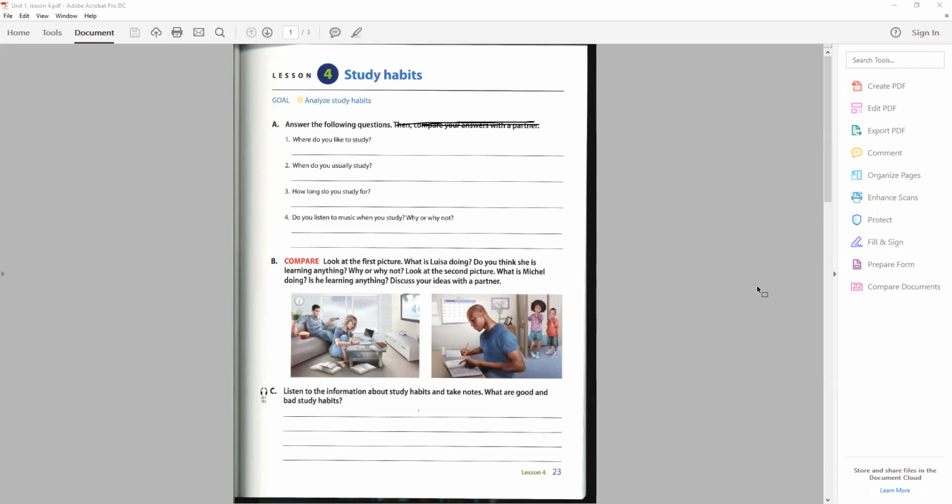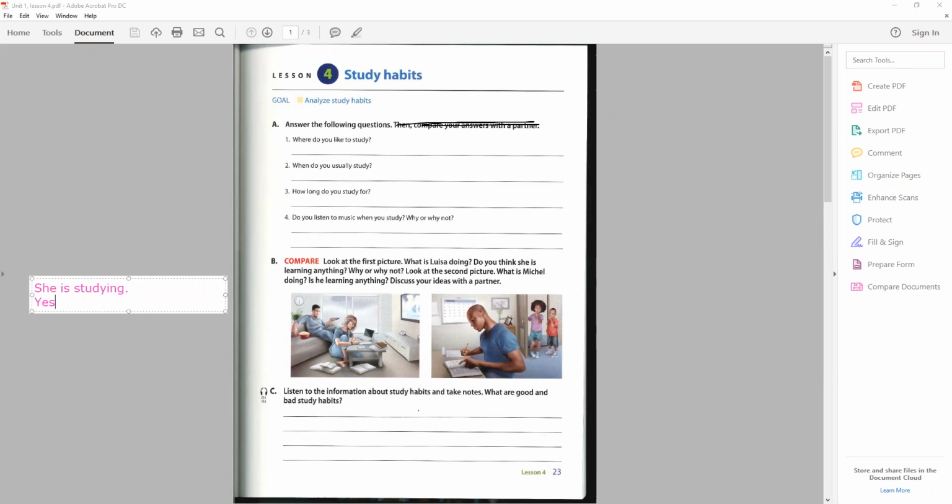It says compare. Look at the first picture. What is Luisa doing? Okay, so we know she's studying, right? Let's look at it. It says, do you think she is learning anything? Why or why not? Okay, so when I look at the picture of Luisa, do I think she is learning?